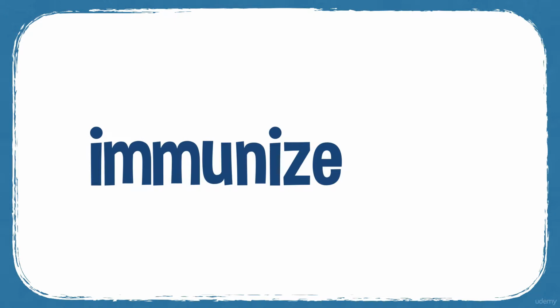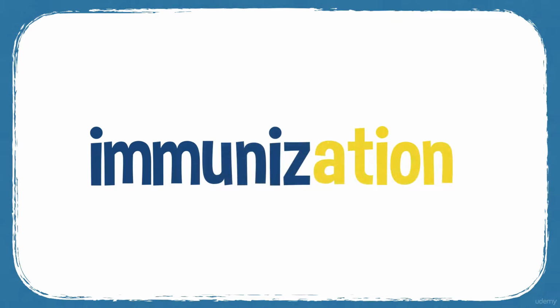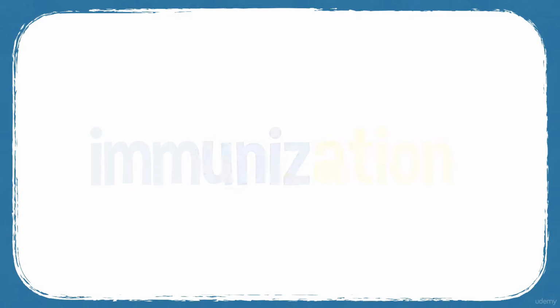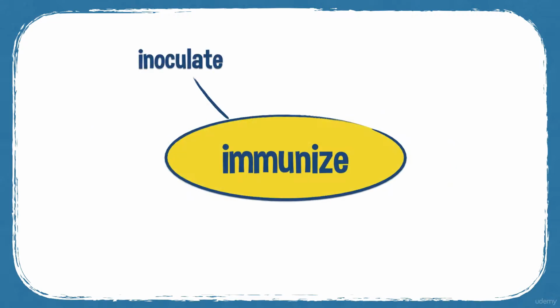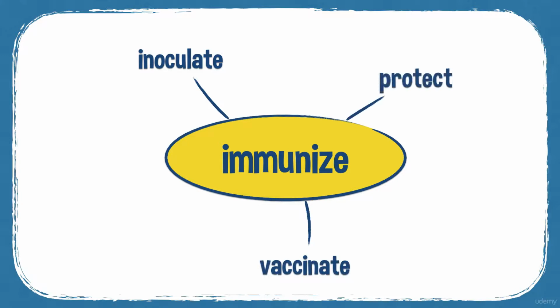And it's a verb, immunise, so you can have immunises, immunising, immunised, and the noun form is immunisation. So immunise, immunisation. Some synonyms for immunise, not too many actually: inoculate, vaccinate. Protect is a more general term for immunise.